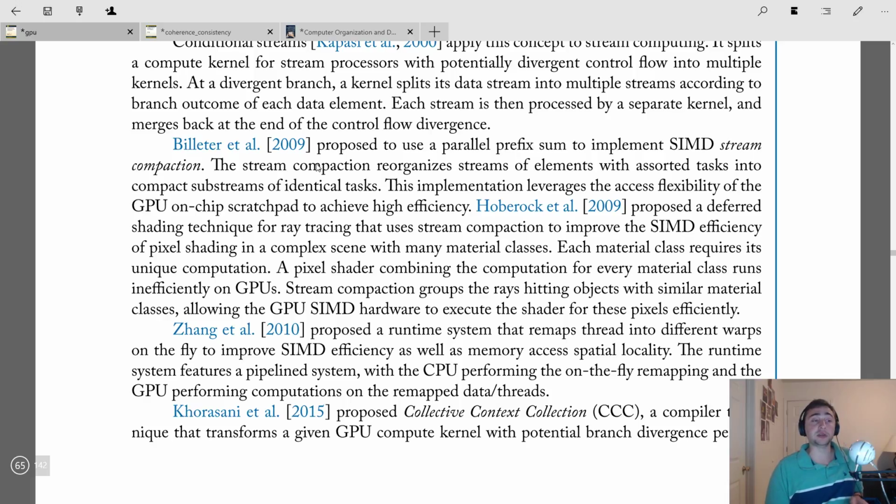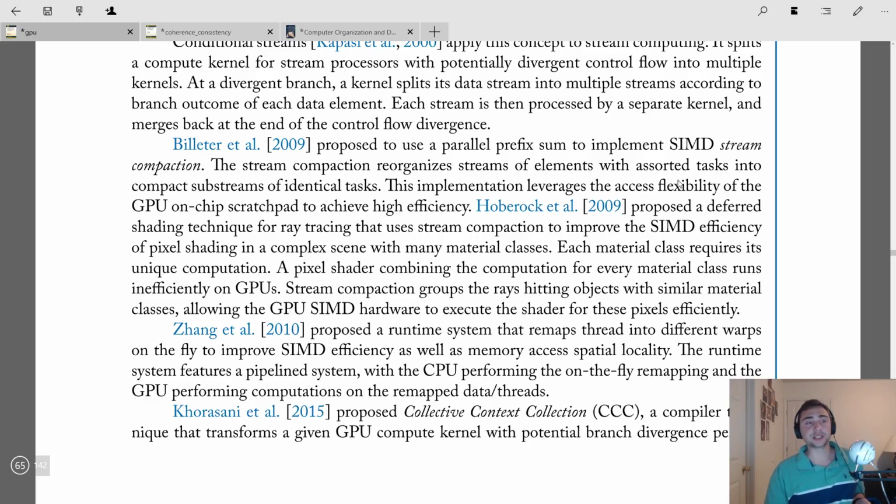So getting more into the GPU era, you've got this work from 2009 that proposed a parallel prefix sum to implement SIMD stream compaction, right? Basically, what we want to do is recognize streams of elements with assorted tasks into compact substreams of identical tasks. So the same idea as the hardware, right? We want to match things together that are all doing the same thing.